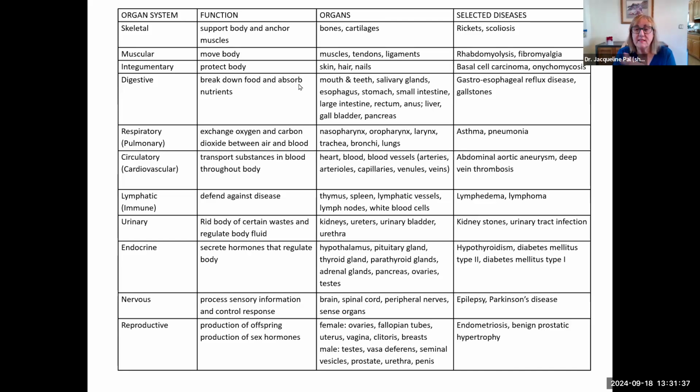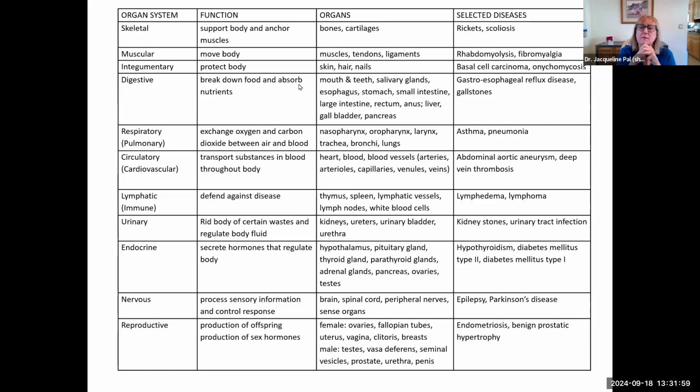Your lymphatic system, also known as your immune system, helps defend against disease. It includes your thymus, an organ many people have never heard about, your spleen, lymphatic vessels, as well as lymph nodes, and your white blood cells. And a couple of diseases of that would be lymphedema, lymphoma, as well as leukemia.